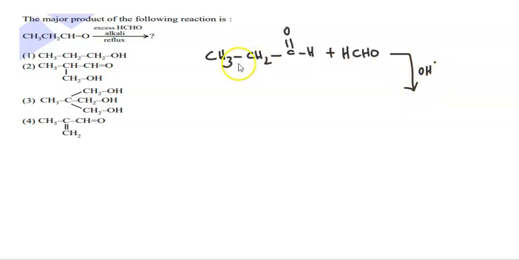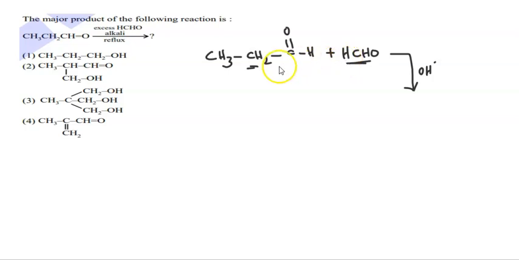So this is an aldol reaction, and the best example of crossed aldol reaction. Here propanaldehyde has alpha hydrogens, which on reacting with formaldehyde in the presence of base gives a beta hydroxycarbonyl compound. So here the nucleophilic attack takes place on formaldehyde and proton abstraction takes place here.